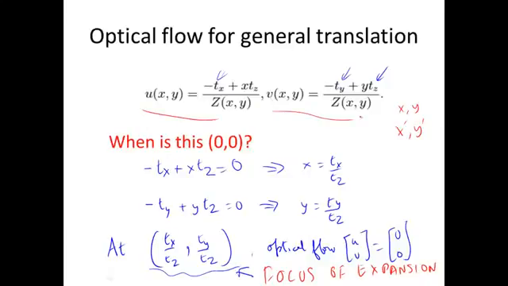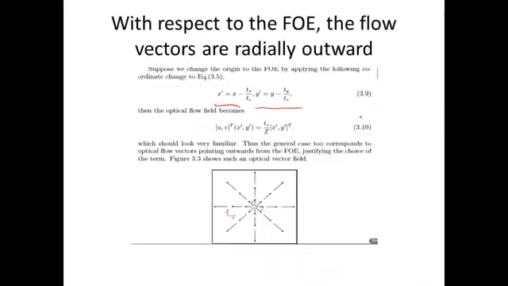Again, I leave you to work this out, but if you do that, you're going to get an expression which now looks very simple. It is that uv in the x prime, y prime coordinate system has the simple form tz upon z times x prime, y prime.